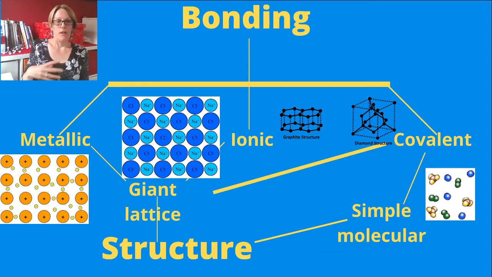So looking at how we could do diagrams and how we could explain the electrostatic attraction part. Well, in metallic bonding, the electrostatic attraction is between the metal ions because they've lost their outer shell electrons. Now at GCSE you may have got away with saying metal atoms when relating to metallic structure. Now we do need to be a bit more specific.